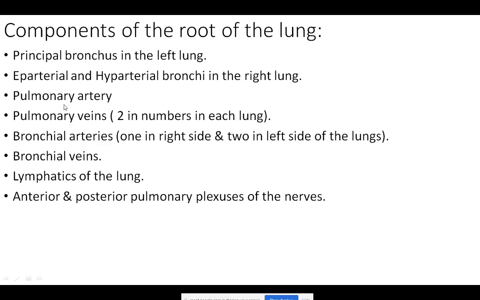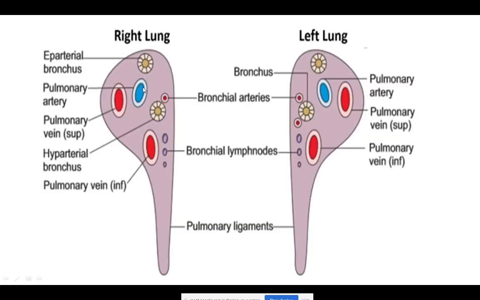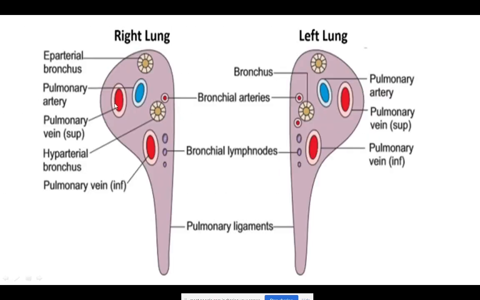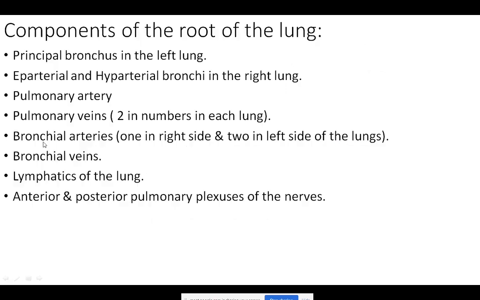Then the pulmonary artery. This one. Only one pulmonary artery on each lung. Okay. Pulmonary veins, two in number on each lung. Okay. The bronchial arteries, one on the right side and two on the left side of the lung.